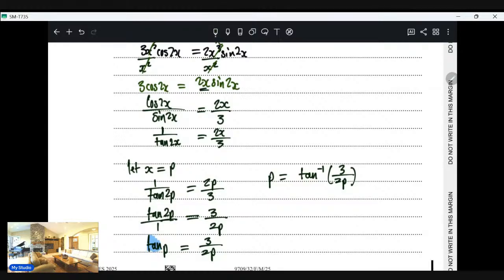You take the tan to the other side, and you remain with 2p, which is equal to tan inverse. Then you get p being equal to, the 2 goes to the other side and becomes half, half tan inverse of 3 over 2p. There we go.